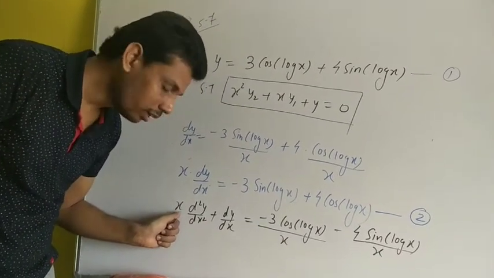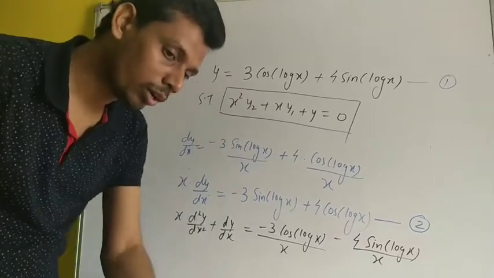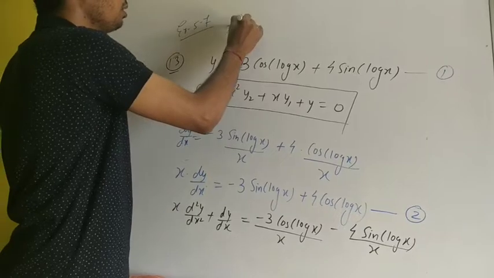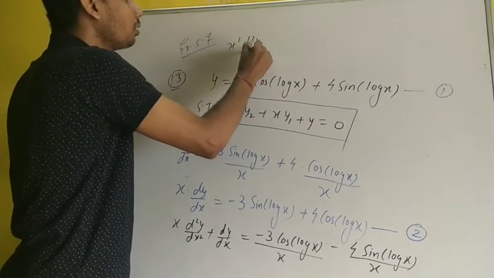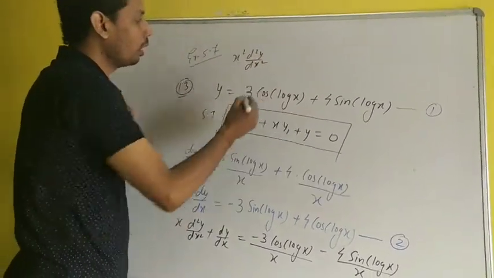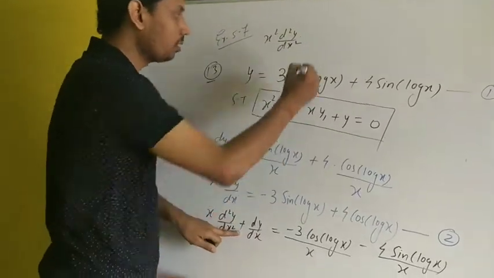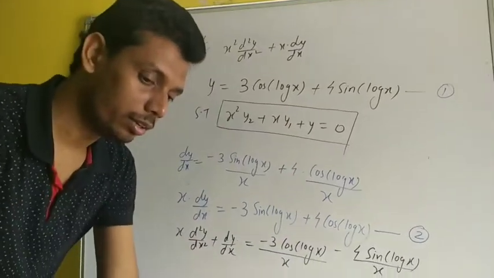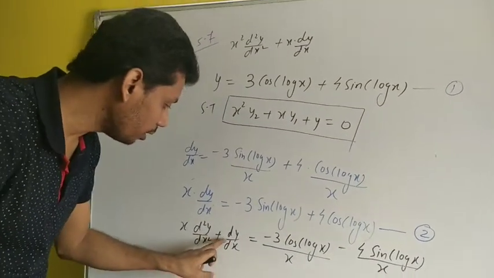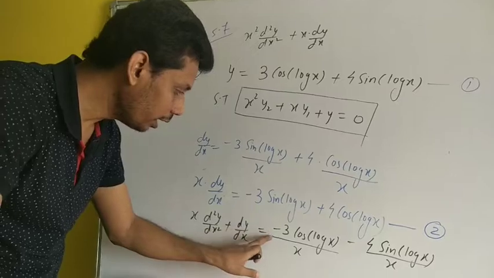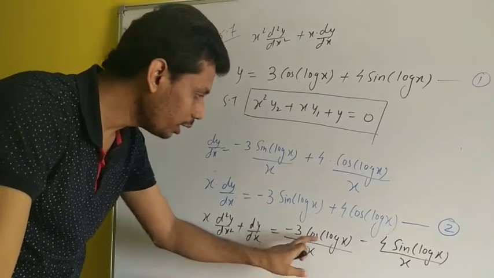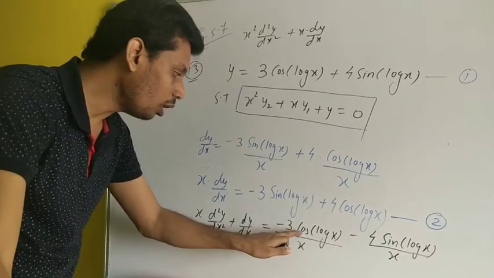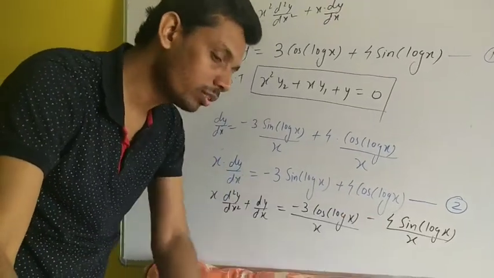x square d square y by dx square. Now see here, x square d square y by dx square, now here plus x into dy by dx, see this plus x into dy by dx, and here in RHS if we take minus common, this will be left with what? 3 cos log x plus 4 sin log x.